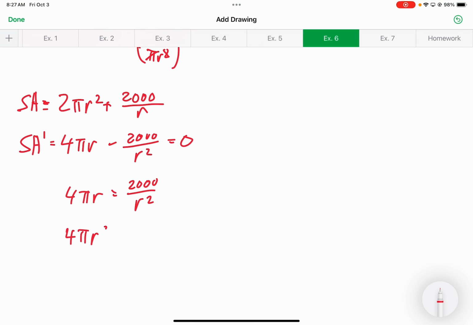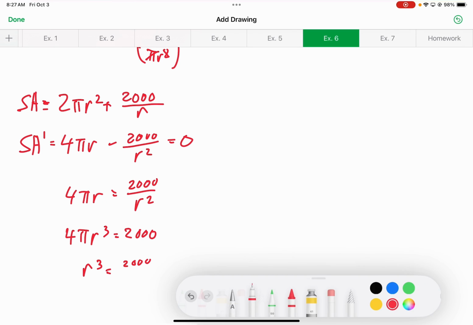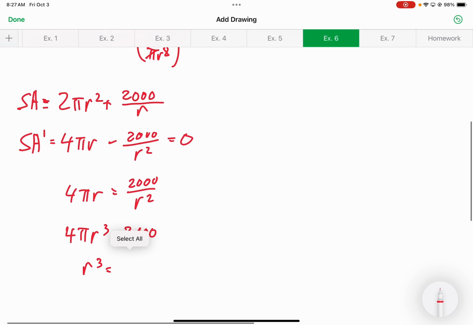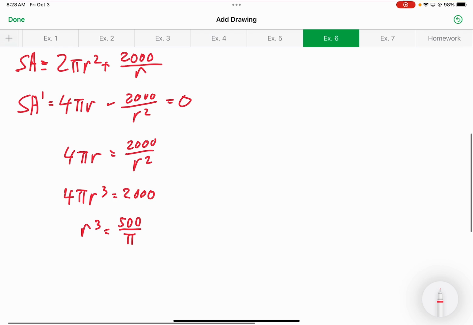So 4 pi r cubed equals 2,000. Divide. So r cubed equals 2,000. No. What's 2,000 divided by 4? 500. Over pi. What's that? Sorry. Divided by 4 pi. It was coming. All right, so cube root.